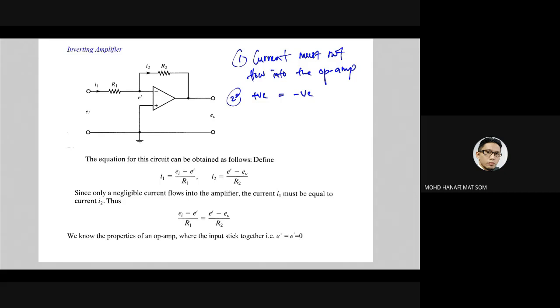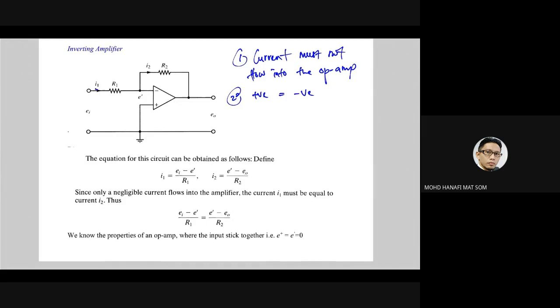So let's say the current I1 here is given by the difference of potential between EI and E prime. So we can say that I1 equals EI minus E prime over R1.